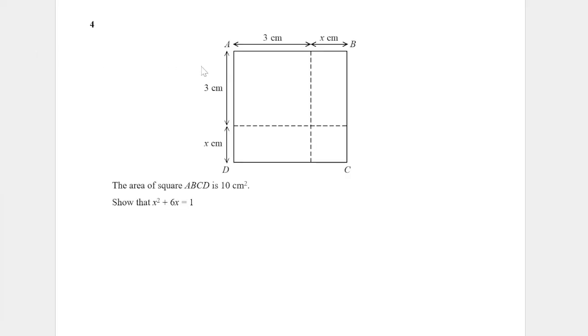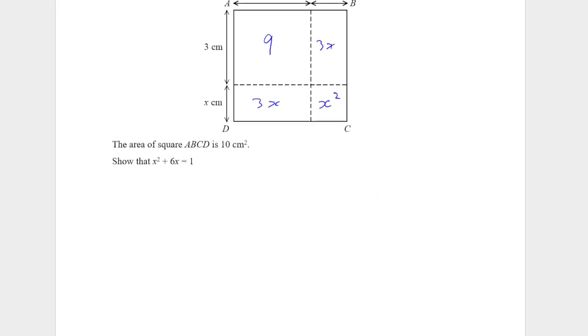Okay. For this question, the area is 10 centimeters squared. Show that x squared plus 6x is equal to 1. So I'm going to do my multiplication. I would normally treat this as brackets, but I'm just going to do it on a grid because we've got a grid here. 3 times 3 would give me 9. The area of each of these is what I'm working out now. 3 times x would give me 3x. 3x, and x times x would give me x squared.